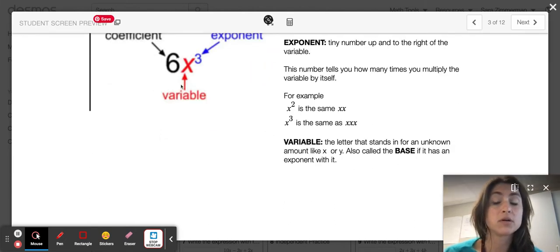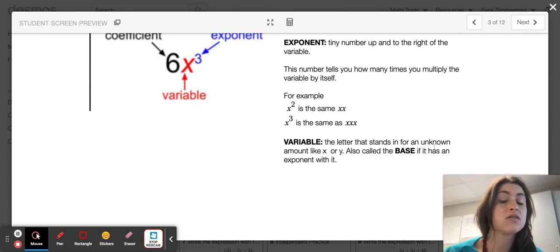Okay, a variable is the letter that stands in for an unknown amount, like x or y. It's our mystery number. It's also sometimes called the base if it has an exponent with it.